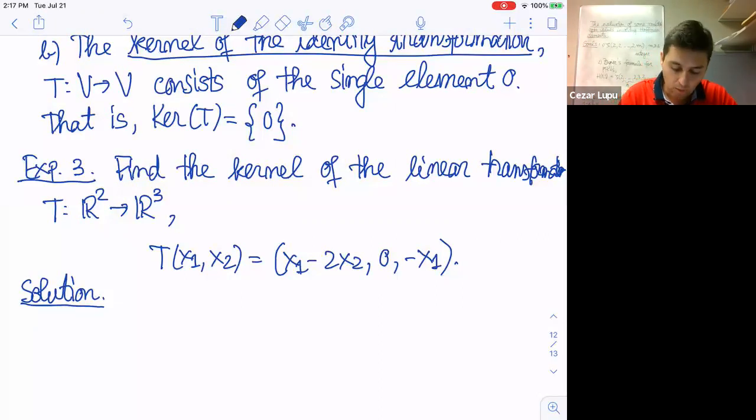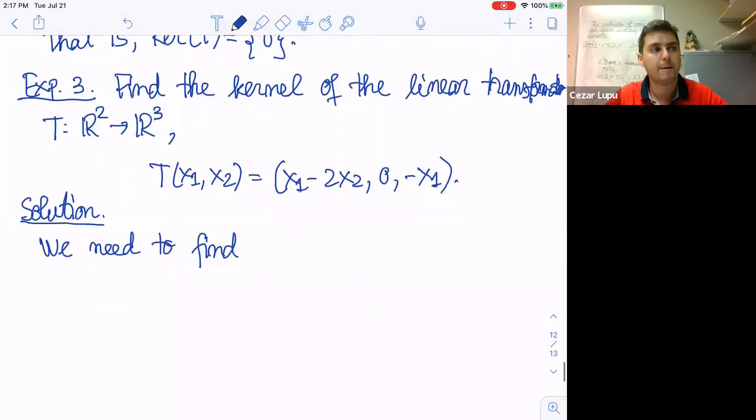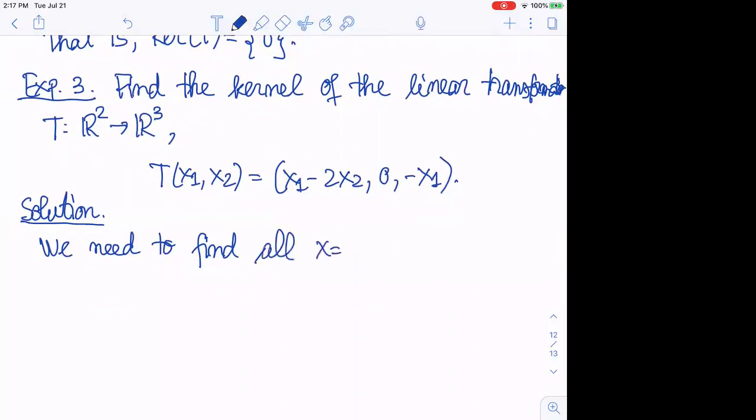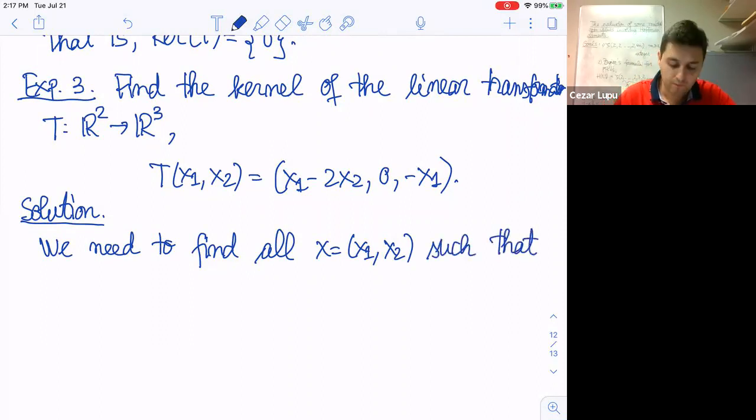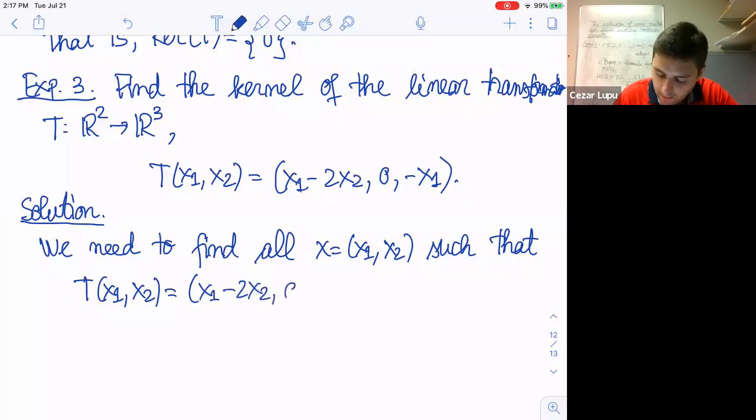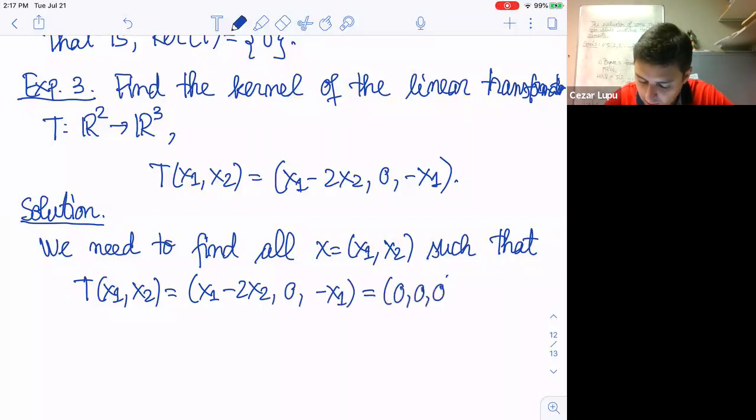So in our case, we need to find all vectors in R2, which will look like this, x1 and x2, such that T of x1, x2, which is given by this, equals the 0 element in R3, which is 0, 0, 0. And you already know what it means by now.